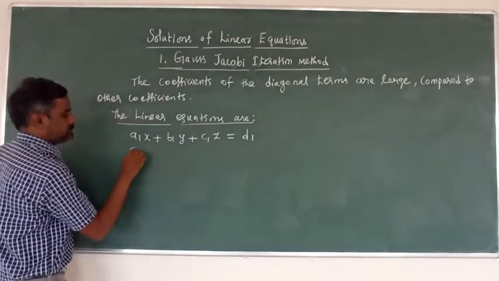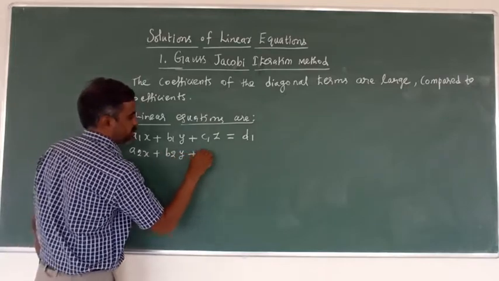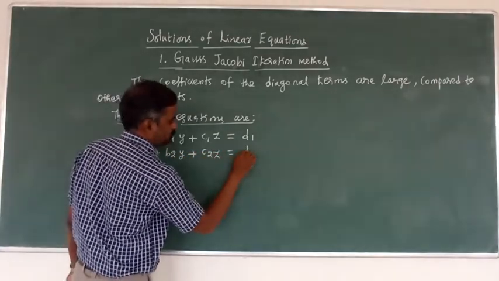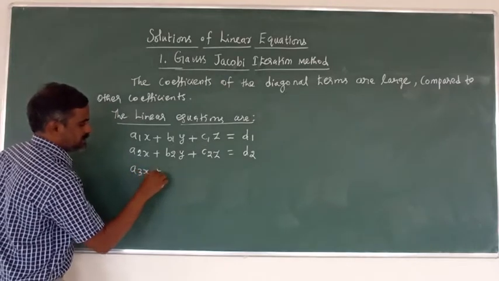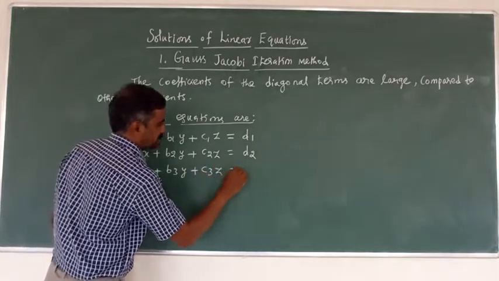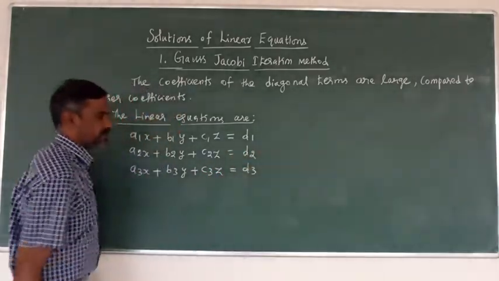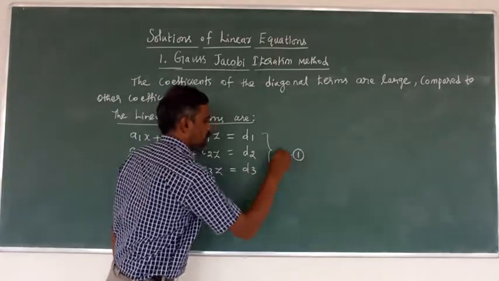Next, a2x plus b2y plus c2z equal to d2. Next, a3x plus b3y plus c3z equal to d3. This is equation 1.